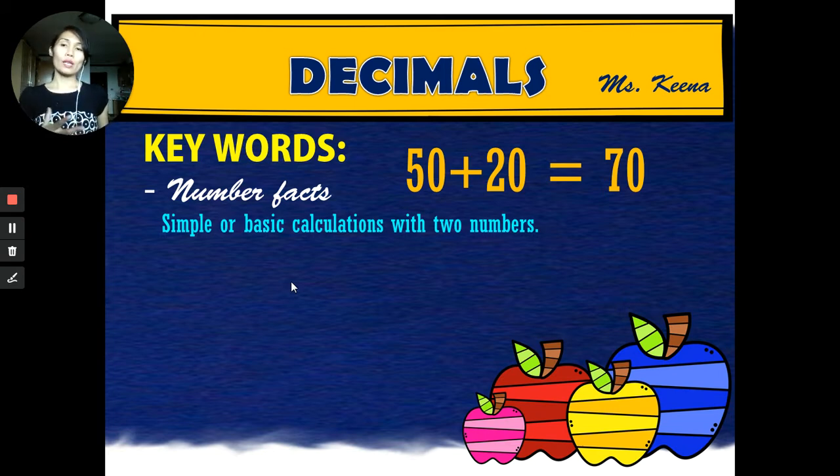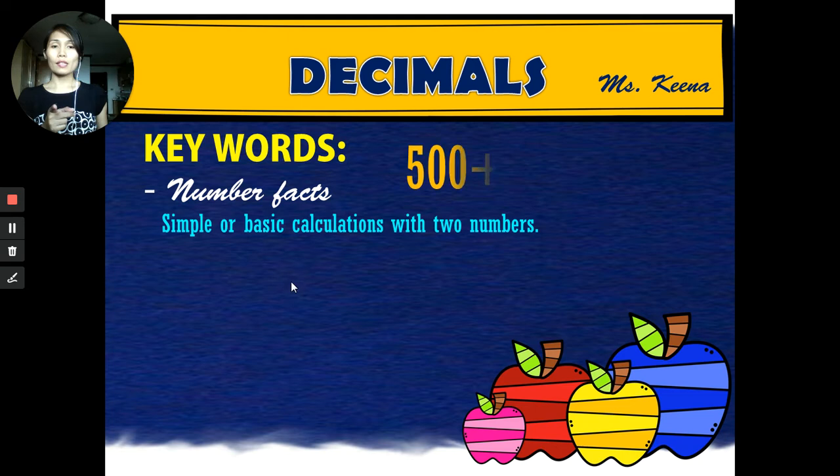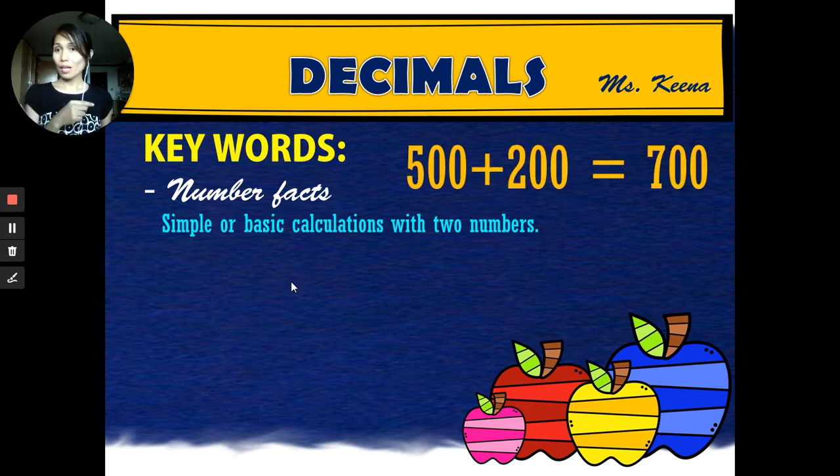So even if we tried it with a 10 times bigger number, it's still the same fact, but we just add zeros. How about we use a number 100 times greater than 5 plus 2 equals 7? We just multiplied it by 100, so that means we add two zeros. So 5 will become 500 plus 200 equals 700.